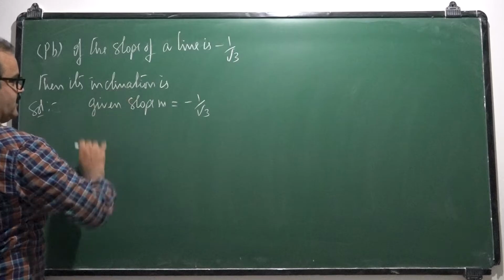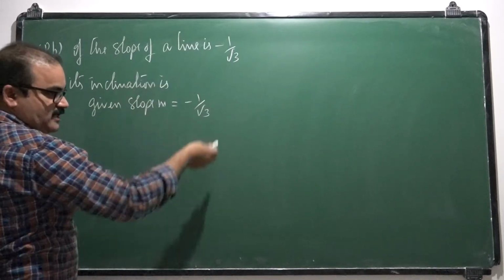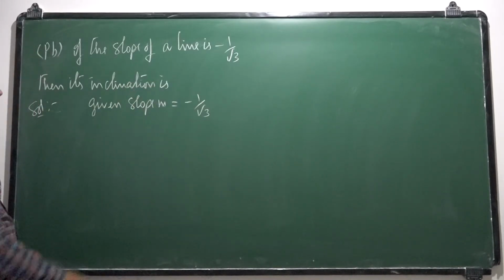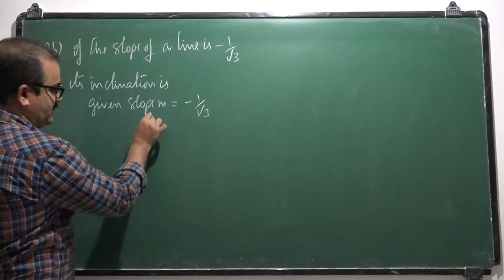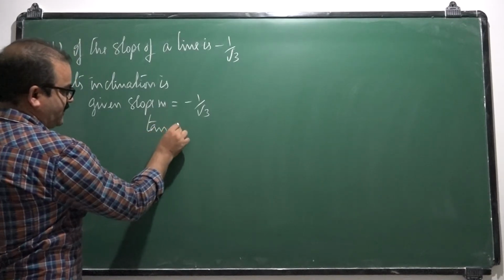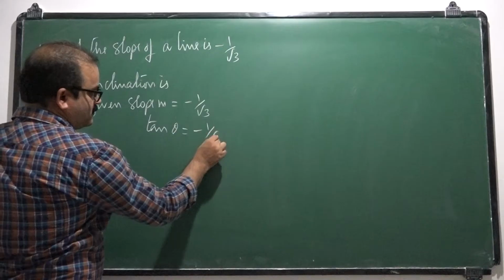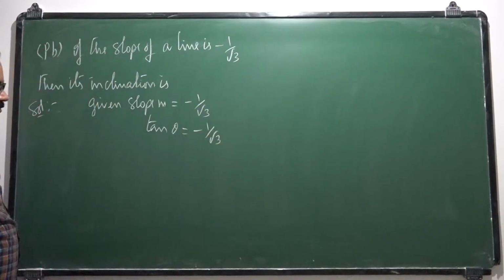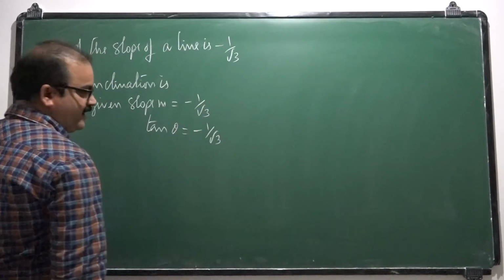Then find the inclination. We know if theta is the inclination of a line, then slope m equals tan theta. So tan theta equals minus 1 by root 3. From this, find the theta value.